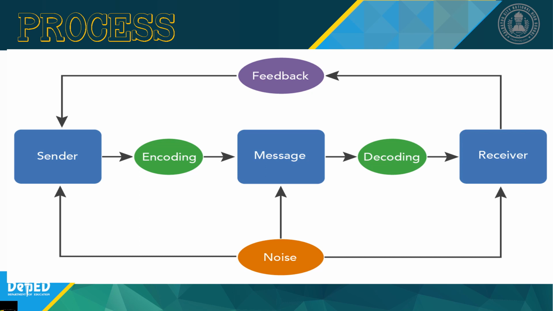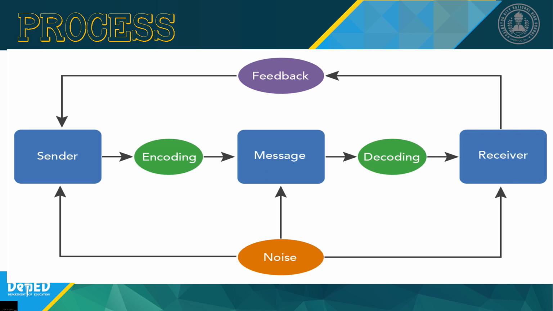Then, the speaker transmits or sends out a message through any form of channel. When the receiver gets the message, the receiver decodes or interprets the message based on the context. Right after the message is decoded, it is time for the receiver to send or provide feedback.